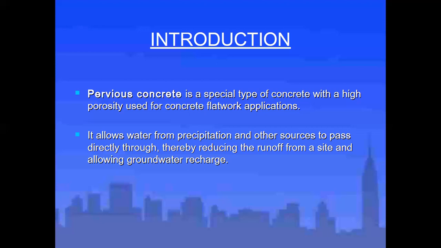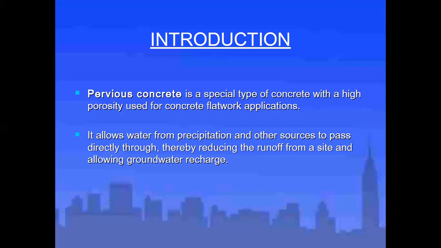As the name indicates, pervious concrete means the concrete which allows water through it. The water can pass through the concrete, and that is known as pervious concrete. We can also say that it is gap graded concrete.